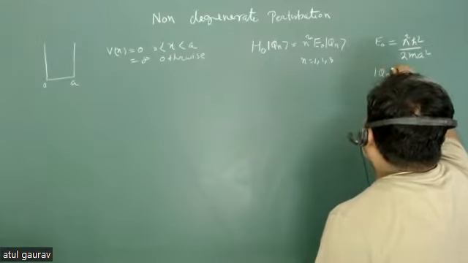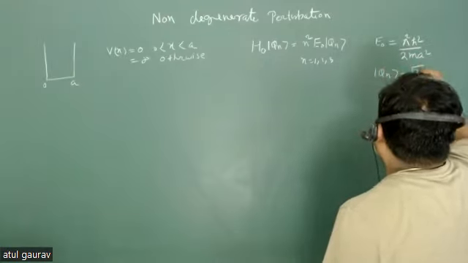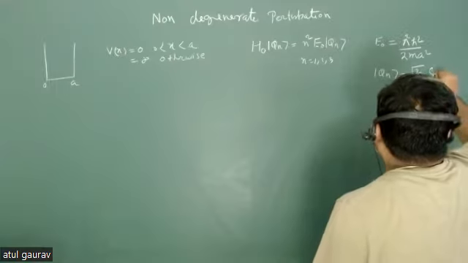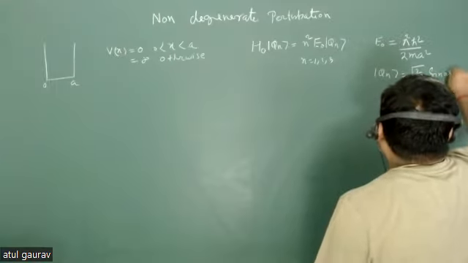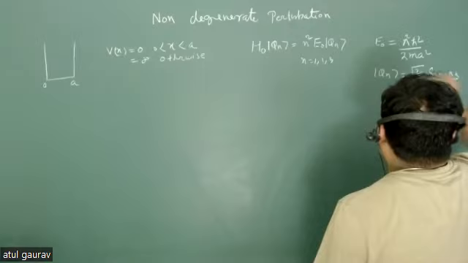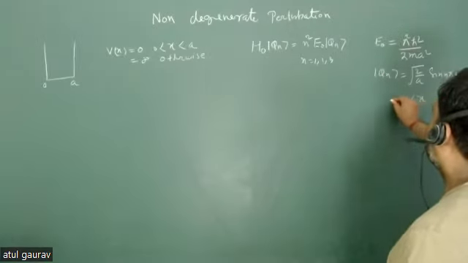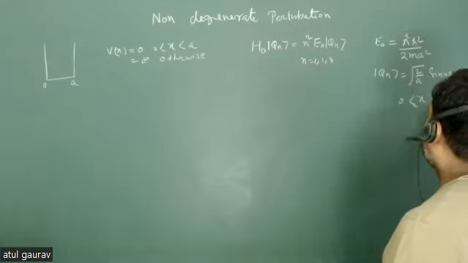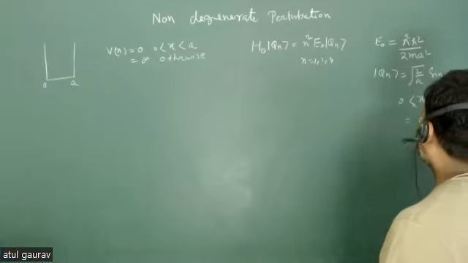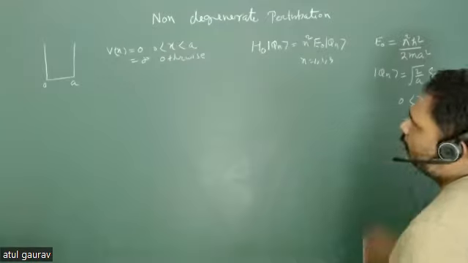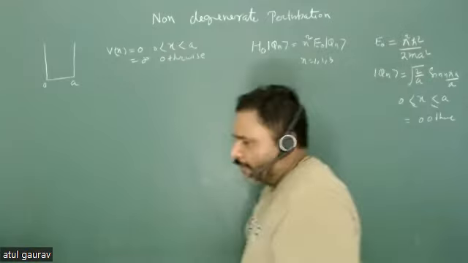And what is your phi n? Phi n is equal to root 2 by a sine n pi x upon a, between 0 to a and 0 otherwise. So this is my unperturbed Hamiltonian.